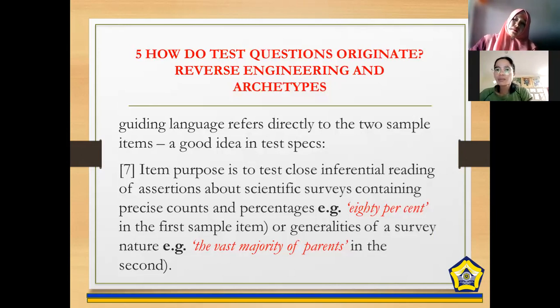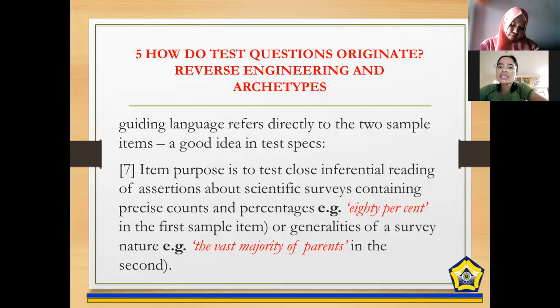Number 5 is talking about how test questions originate, reverse engineering, and archetypes. The guiding language refers directly to the two sample items. It is a good idea in test specification.